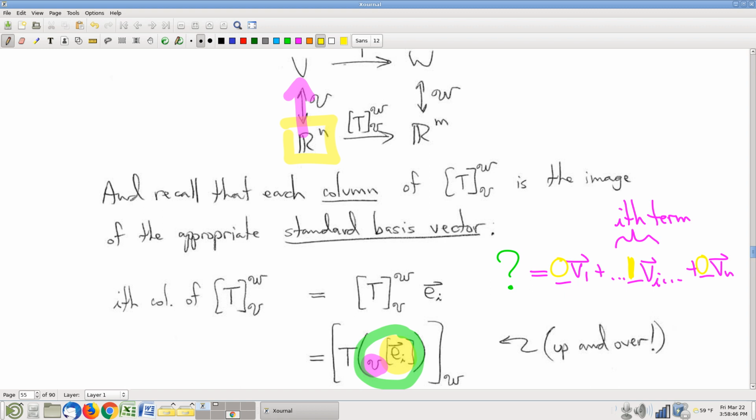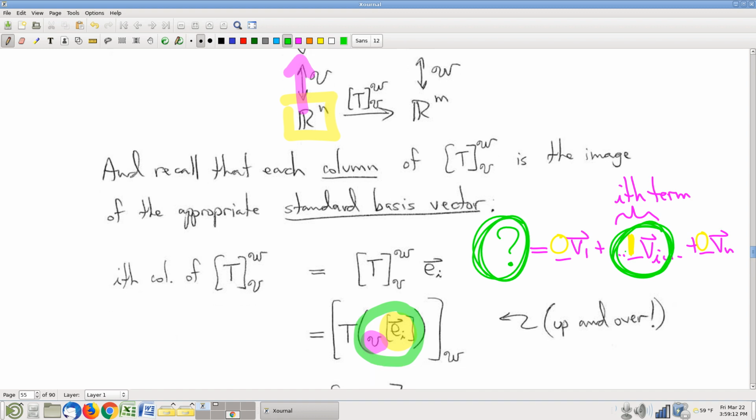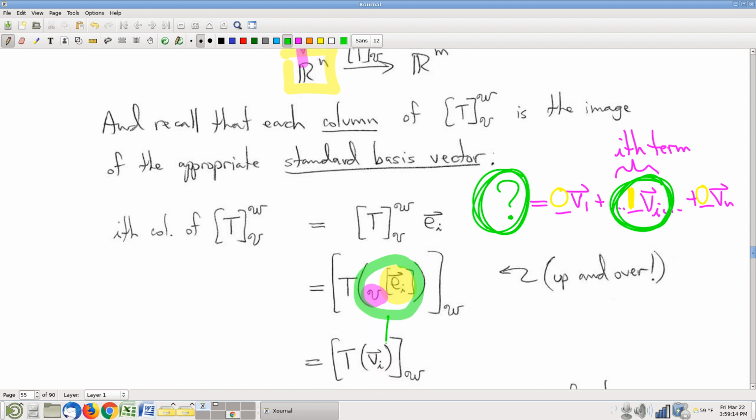So that's taking the standard basis vector in Rn, ei, and taking that linear combination of the script V vectors. That's what this algebraically is. And notice that it's really easy to write down a formula for this green vector. Most of these terms go away. The only term that doesn't go away is that one. It's 1 Vi, otherwise known as Vi.